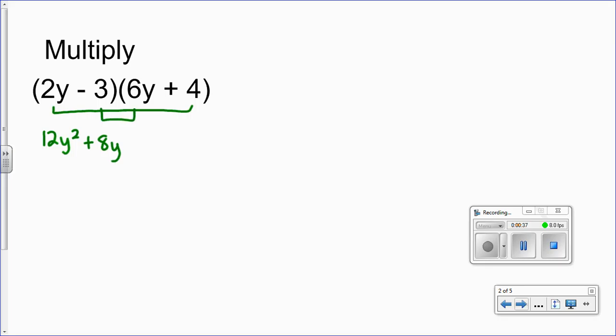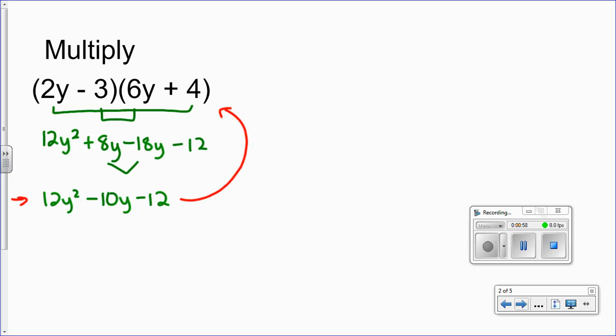The inner would be negative 18y. And then the last would be negative 12. I want to combine those outer and inner terms, so it's negative 10y minus 12. Now what I want to do is start with this trinomial and go back to the two binomials.